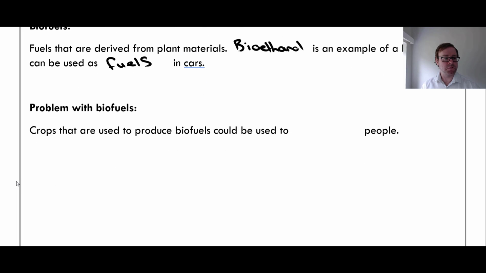Problems with biofuels: crops that are used to produce biofuels could be used to feed people. So there's a massive debate around all of this. I'm not going to go into it because you're not going to need to know it for your exams or if you're learning the chemistry behind it.